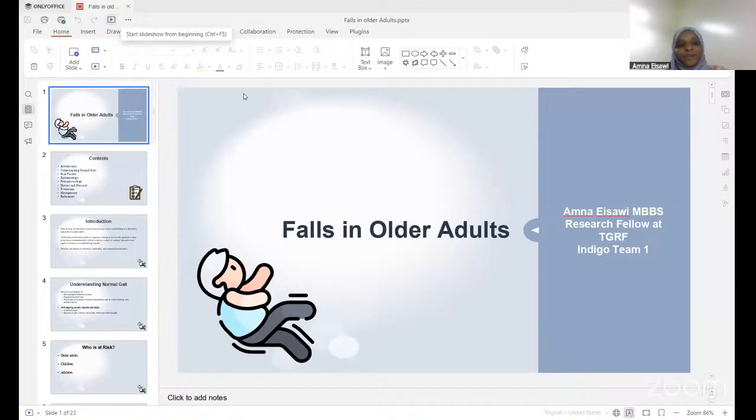Okay, so starting off, falls are one of the most common and serious issues contributing to disability, especially in older adults. Now, the definition of falls: falls are events that result in a person coming to rest on the ground or other lower level unintentionally, and that's the caveat.